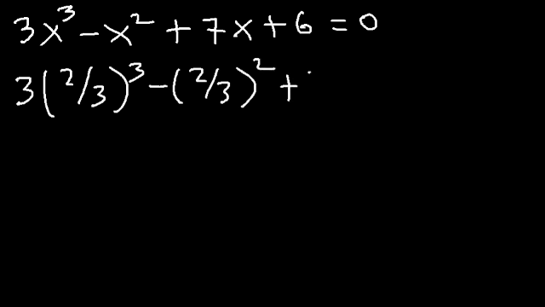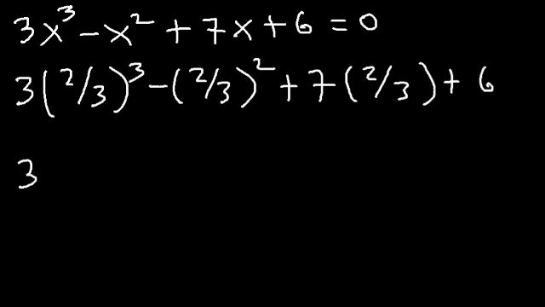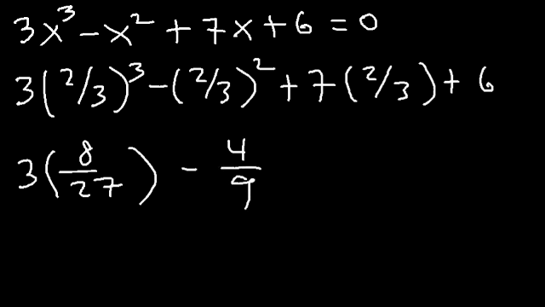And then if that doesn't work, we'll try negative 2/3. So 2 to the third power is 8. 3 to the third power is 27. 2 squared is 4. 3 squared is 9. 7 times 2 is 14. And this is what we have so far.